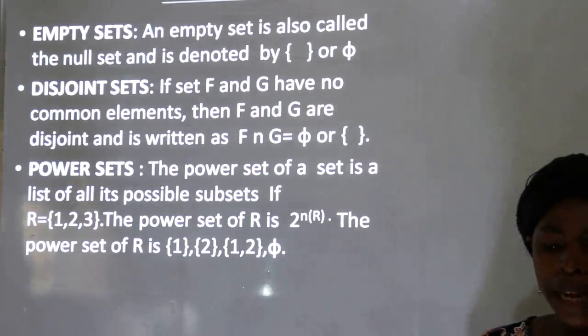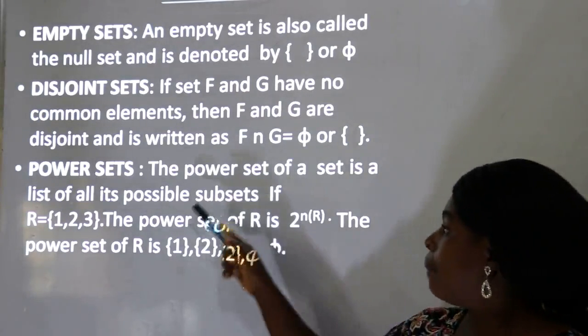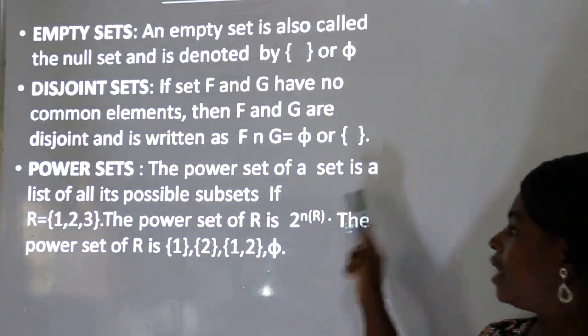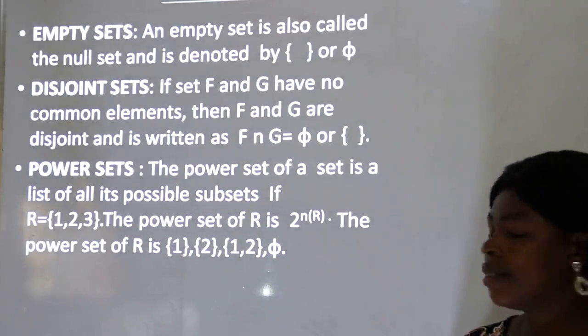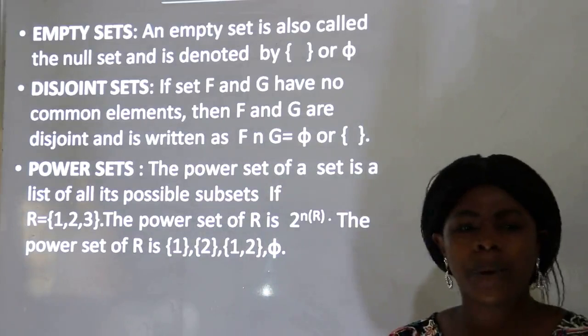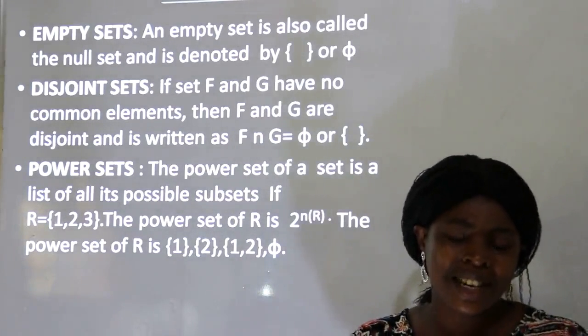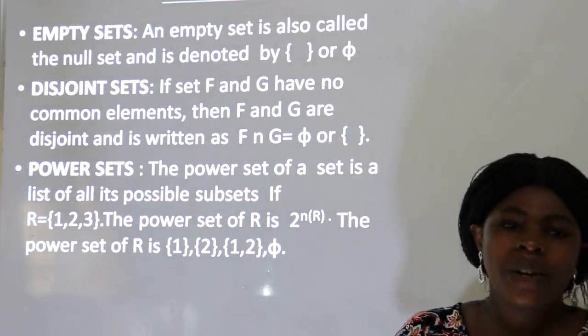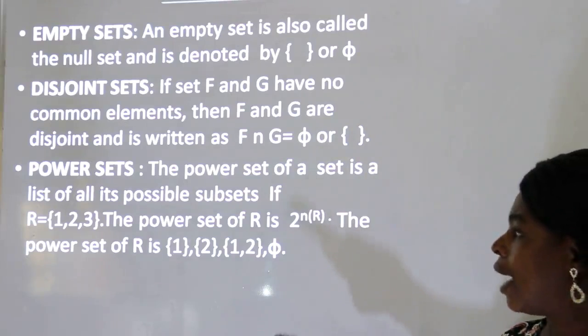Then we have the power set. The power set of a set is a list of all its possible subsets, because in a particular set, you can get other sets as subsets. So a list of all its subsets is what we call the power set.